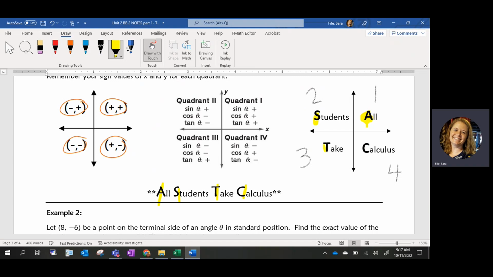The A is for all the trig functions are positive. S is for sine, so only sine is positive in quadrant 2. T is for tangent, only tangent is positive in quadrant 3. And C is for cosine, only cosine is positive in quadrant 4. So that's just a mnemonic to help you remember which trig function should be positive depending on what quadrant you're in.